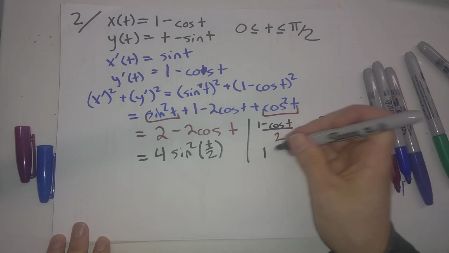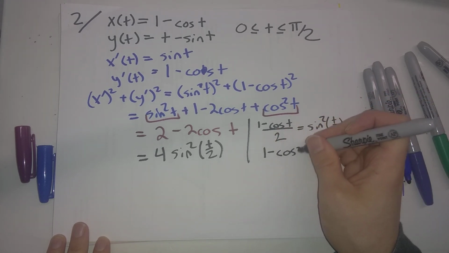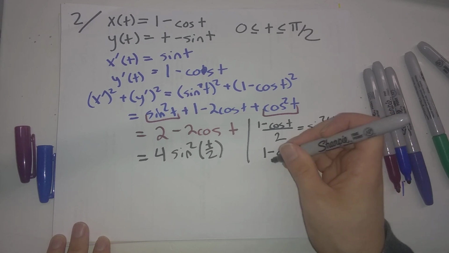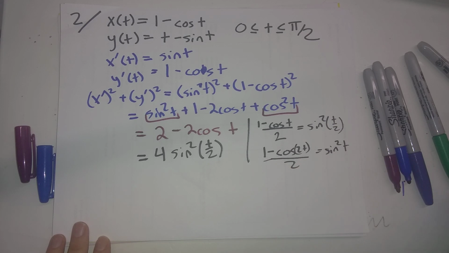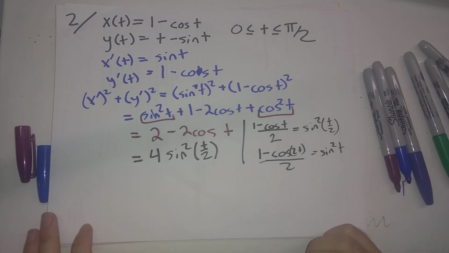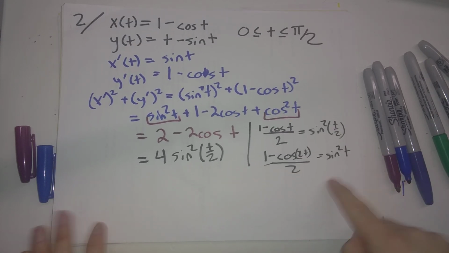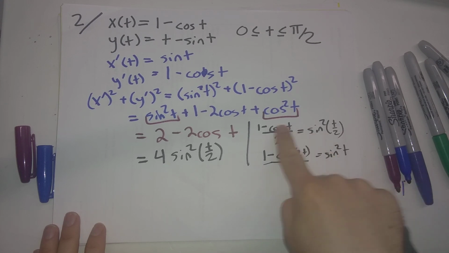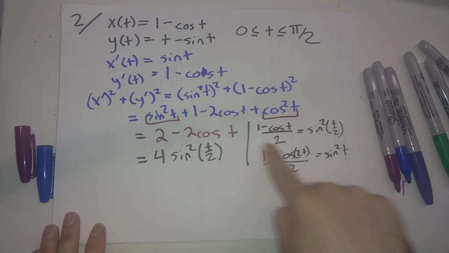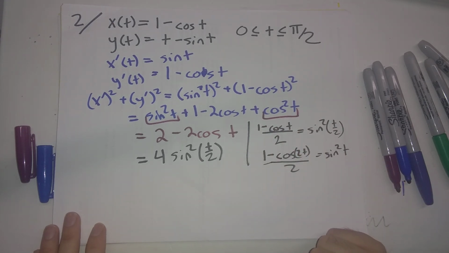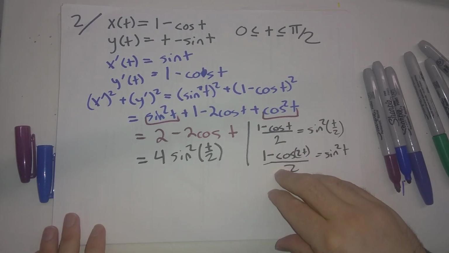We're more used to using that in this form: 1 minus cosine of 2t divided by 2 is equal to sine squared of t. We used this a lot to evaluate various trigonometric integrals in the past. This is just replacing t with t over 2, and going from here to here, just multiplying both sides of this by 4.